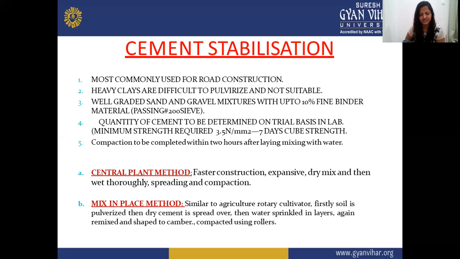It is quite expensive because we have a set of machinery located at a certain area where the soil particles and the binding materials are brought, stored, and mixed well, and then after the mixture is created, that dry mix is transported.